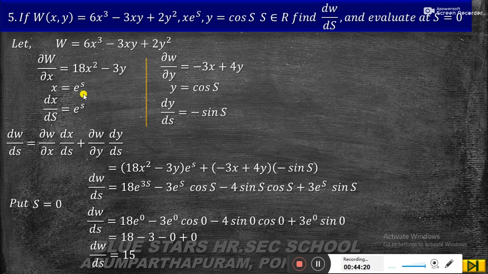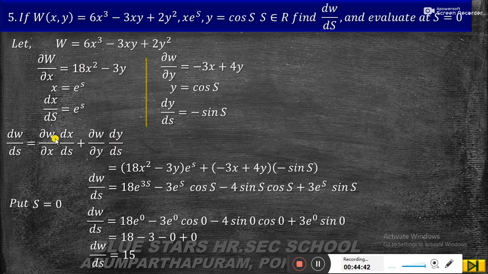So next, x equal to e power s, y equal to cos s. Therefore dx by ds equal to e power s, and dy by ds equal to the derivative of cos s, which is minus sin s. Therefore dw by ds equal to dou w by dou x into dx by ds plus dou w by dou y into dy by ds. We already found dou w by dou x and dou w by dou y, so just substitute.